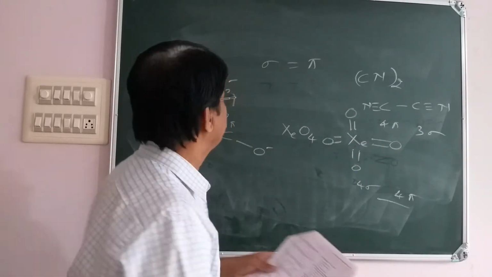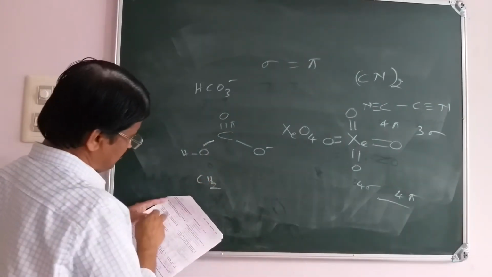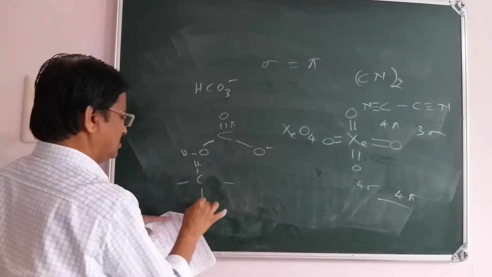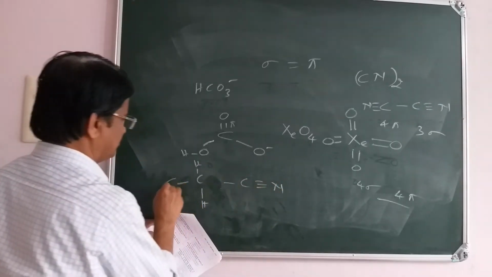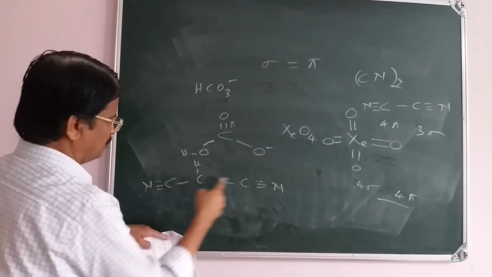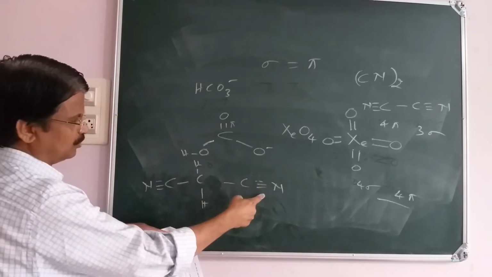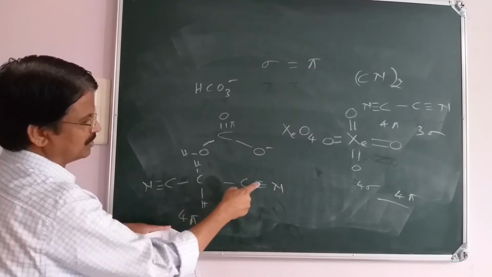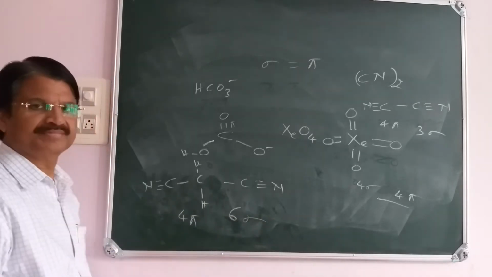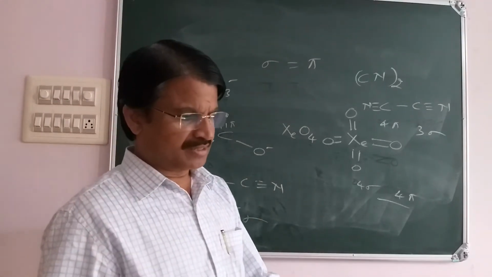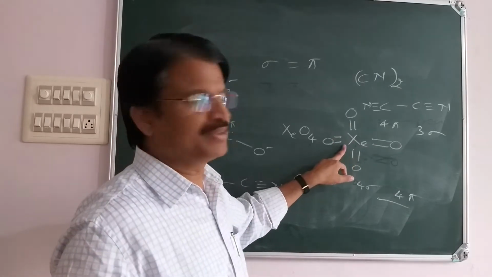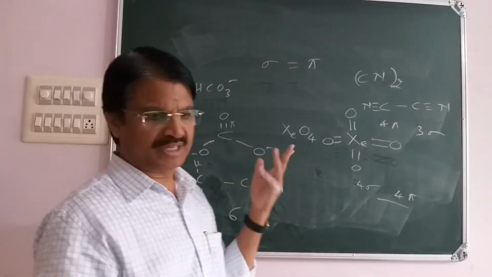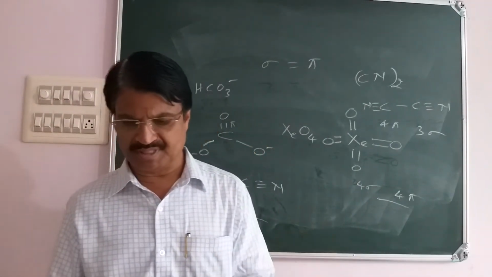Option 4, CH2(CN) twice. 2 pi bonds each, total 4 pi bonds, and 1, 2, 3, 4, 5, 6 sigma bonds. Then the answer is second. In the second option, 4 sigma, 4 pi. So by writing structural formulas, we can decide how many pi bonds are there in these species.